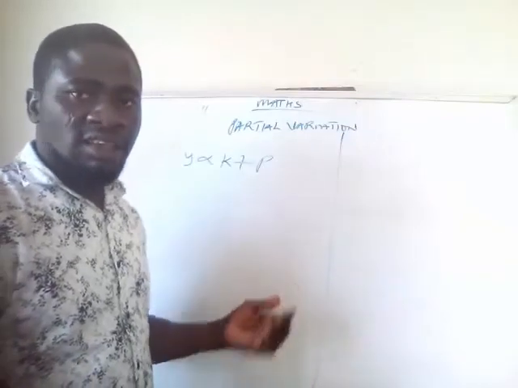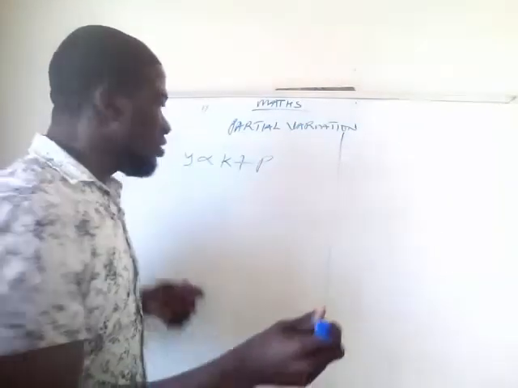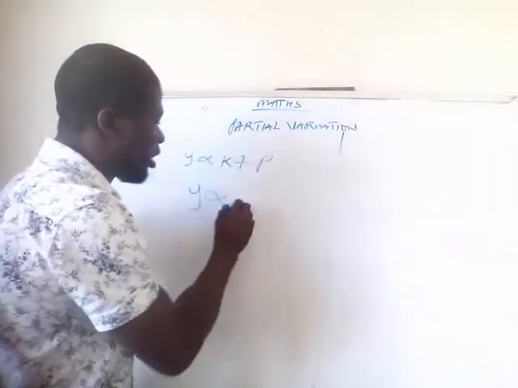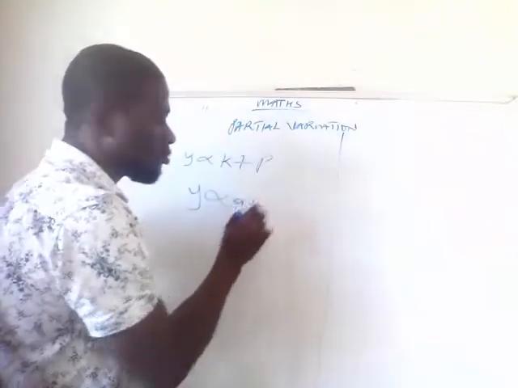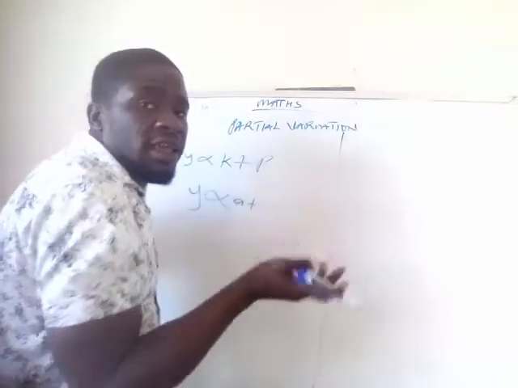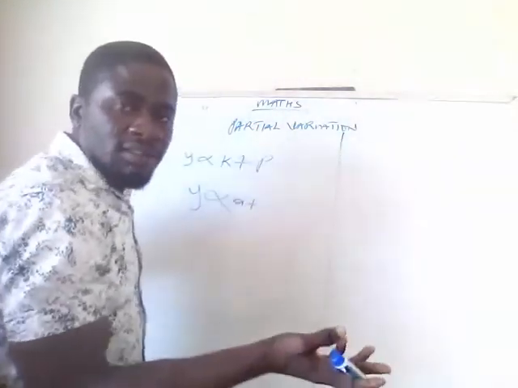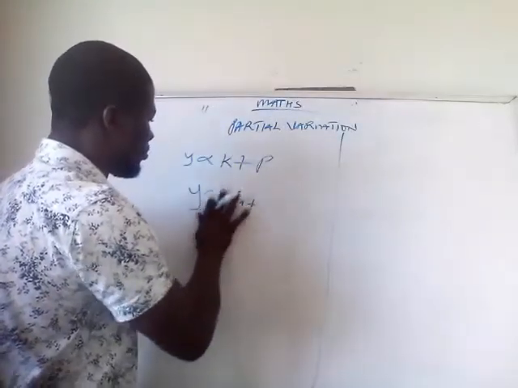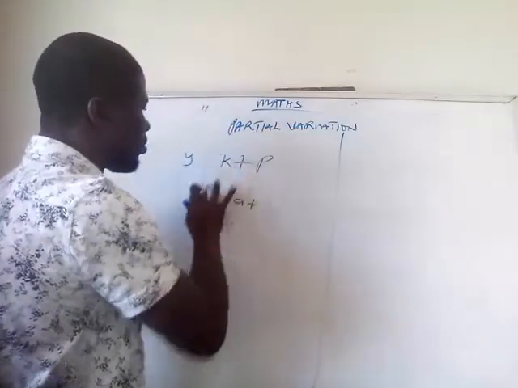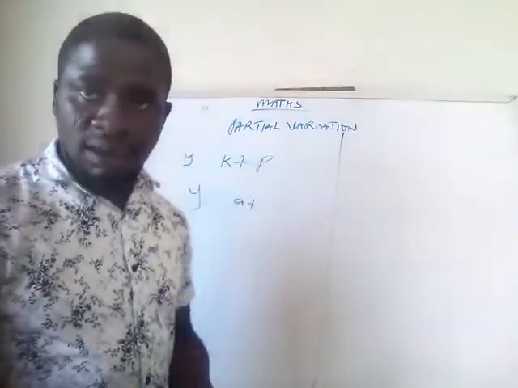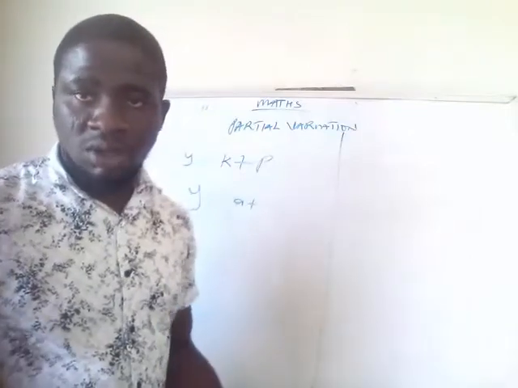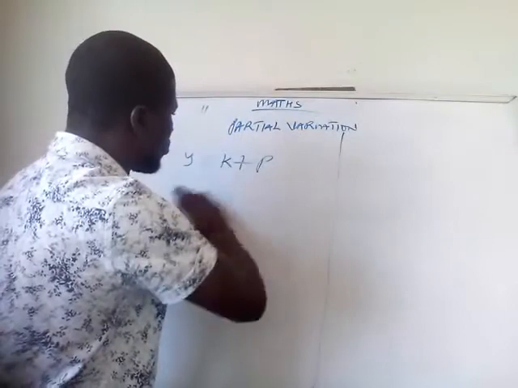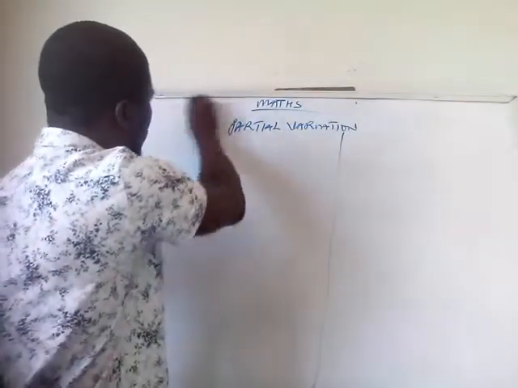So if they say it's partly constant, it means that y varies as the constant, which is a, plus, if they say inversely or directly as another number, then you put the number. When you finish, you remove this. But in the course of this, I will not be putting it, I will be putting in the values and the equal sign immediately, so that it won't take us time.